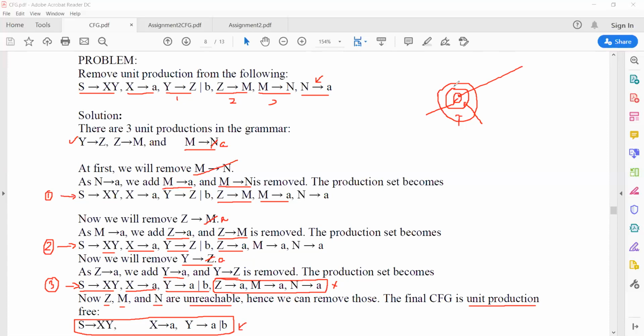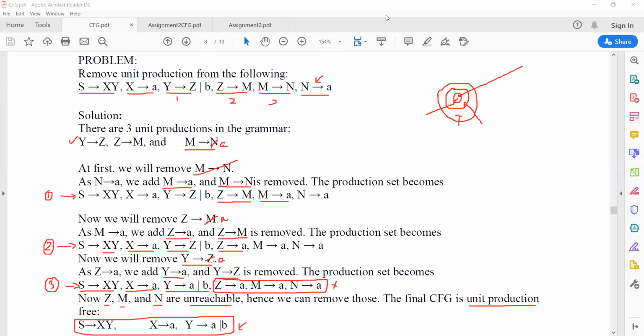The iteration starts from the outer loop and gradually you enter into the inner loop in nested loops. So these are the three steps, three iterations, and you complete the entire removal of unit production.